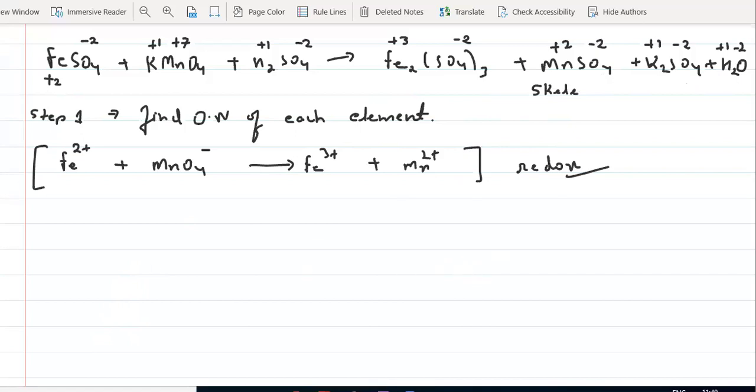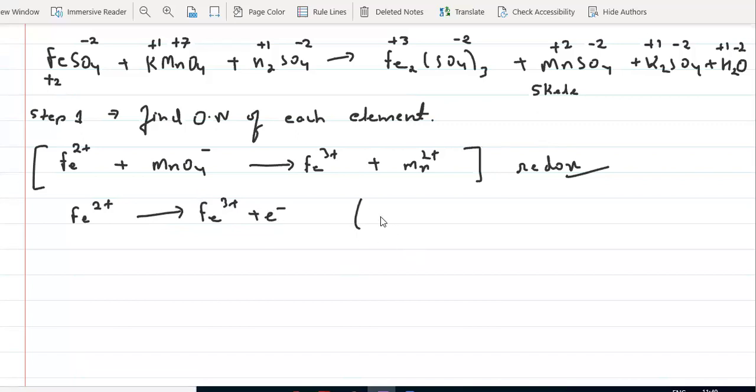Now the next step is to write down the oxidation and reduction reactions separately. Fe2+ will give Fe3+ plus an electron. This is your oxidation.